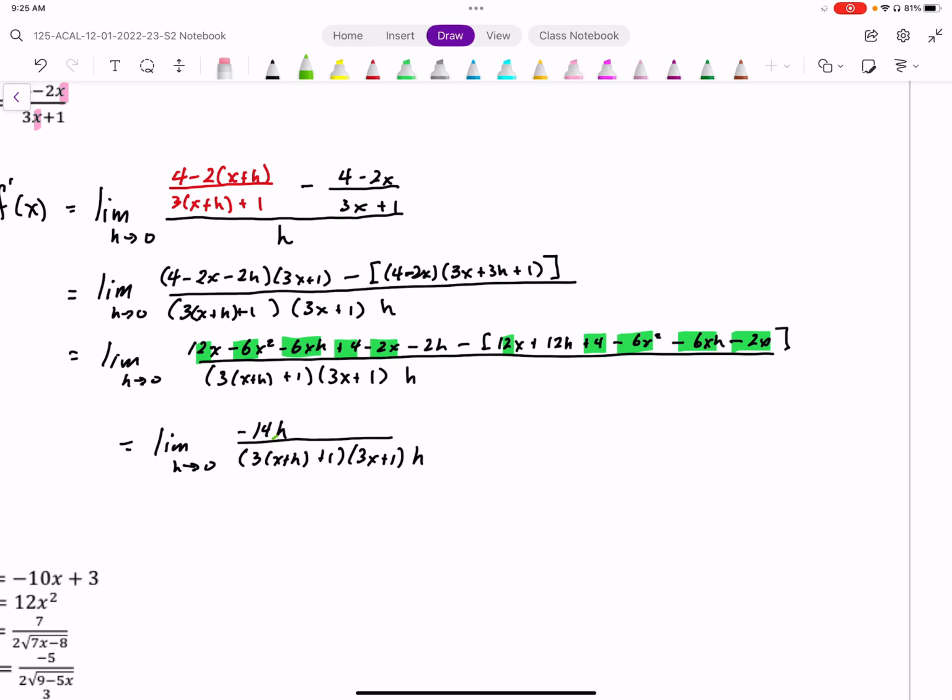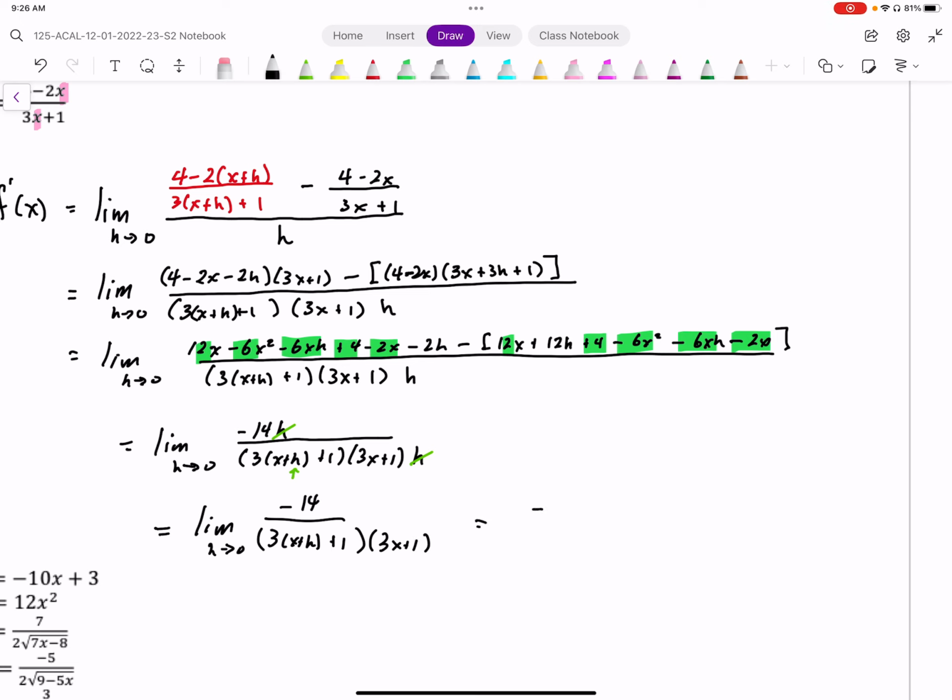So now we can cancel out that h term. And now when we substitute in 0 for this h in here, we don't have this divide by 0. So working that out, we're going to end up with the limit as h approaches 0 of negative 14 over 3x plus h, that's just going to be 3x plus 1, times 3x plus 1.